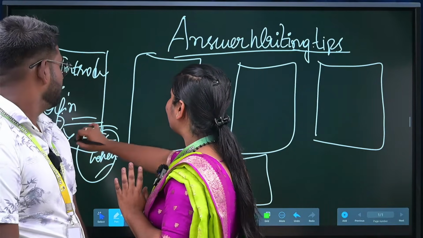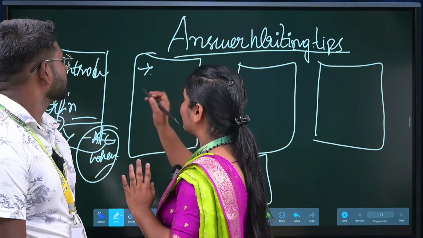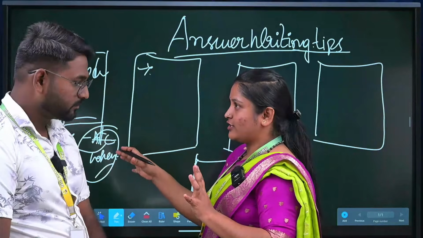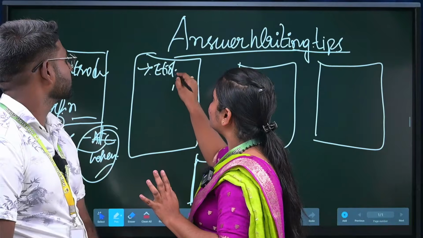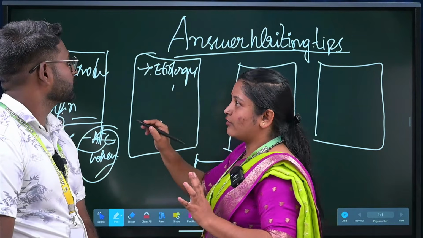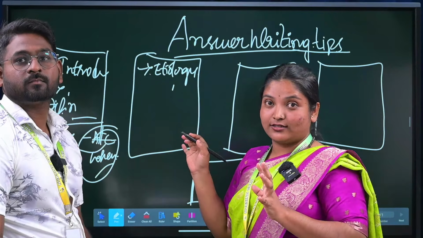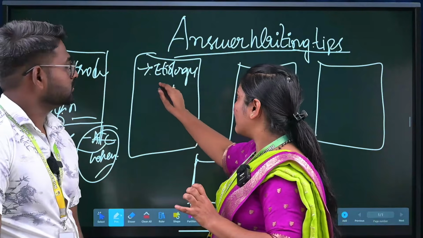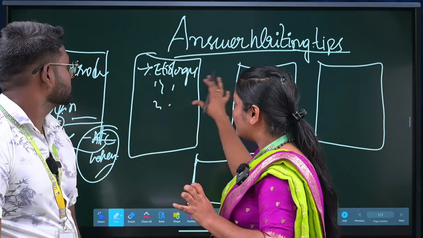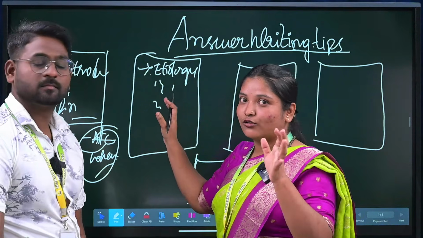Next, suppose they are asking about a disease condition, then for that particular disease condition we go with the etiology. Etiology means the causes. When you write the causes, don't write in such a way that all 5, 6 causes are in one line only. You should not write like that.